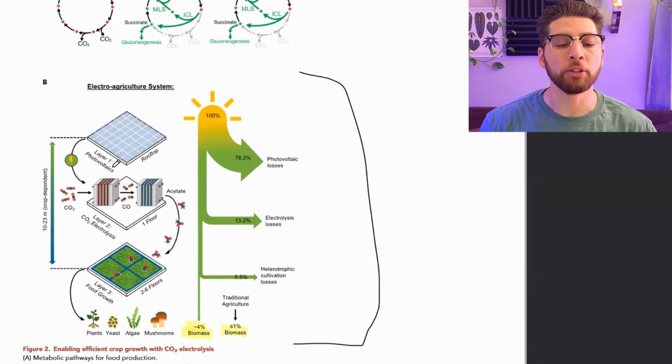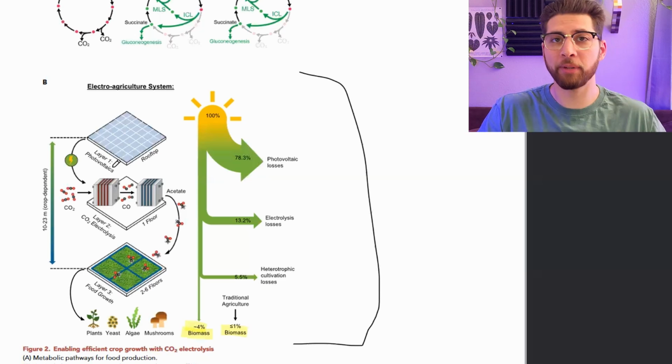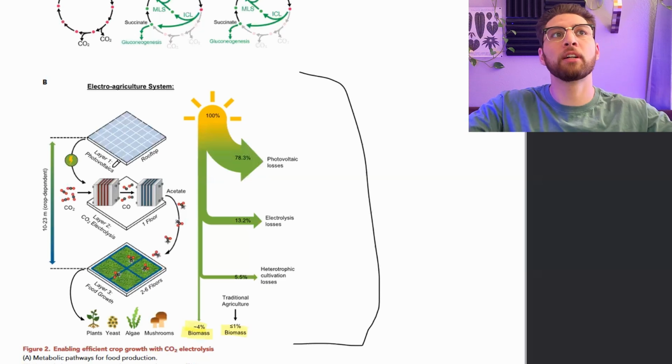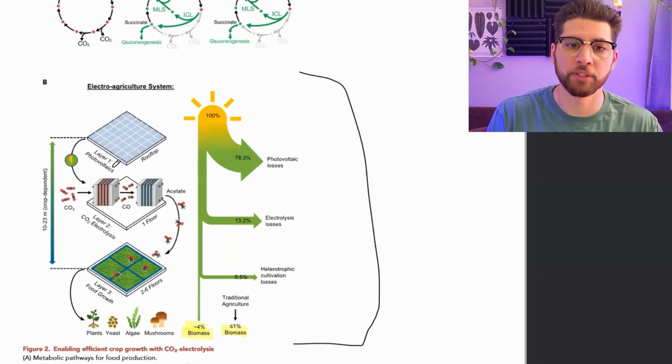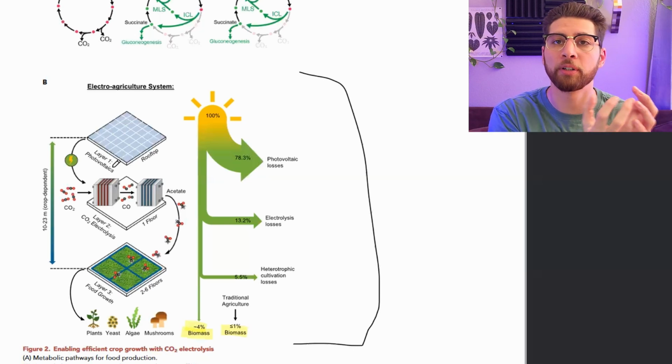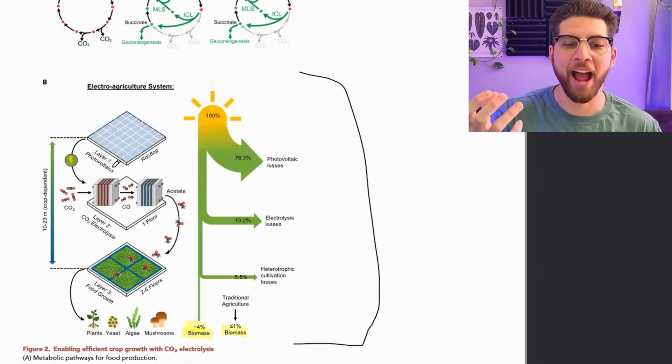And then we use electricity to fix carbon dioxide. So we can take carbon dioxide out of the atmosphere, just like plants do, right? They're turning the carbon in carbon dioxide into the carbon in our corn and our apples, right?